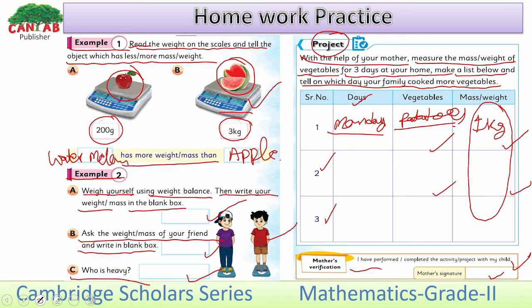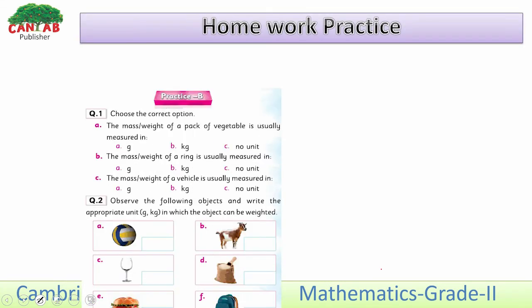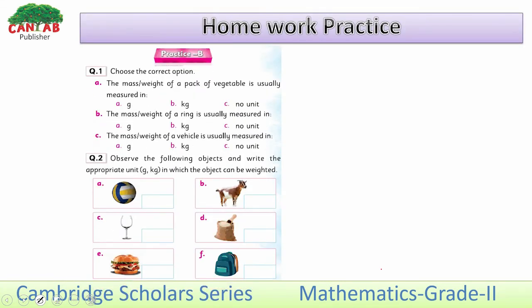Students, now come to Practice B. Look at question number 1. Choose the correct option. The mass or weight of a pack of vegetables is usually measured in grams, kilograms, or no unit. A pack of vegetables is usually measured in kilograms. Now B. The mass or weight of a ring is usually measured in grams. Similarly, complete this. You have to choose one correct option and then write it here.